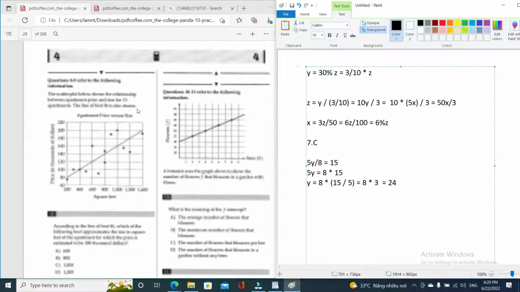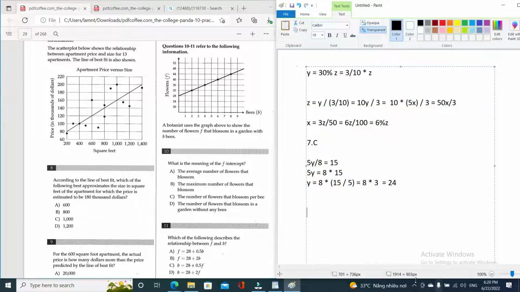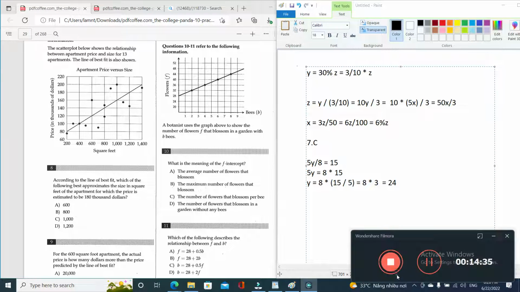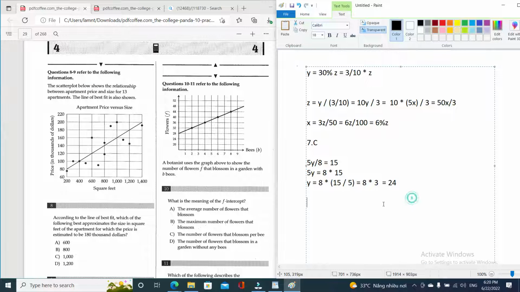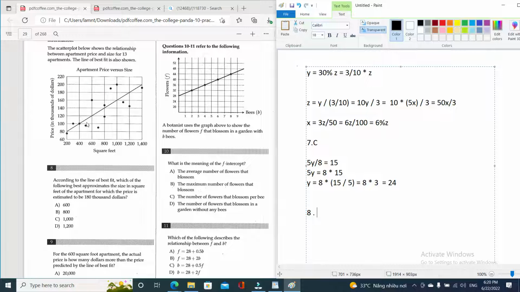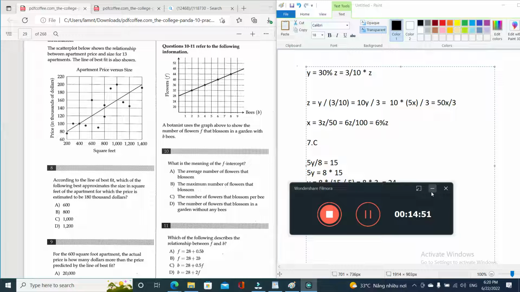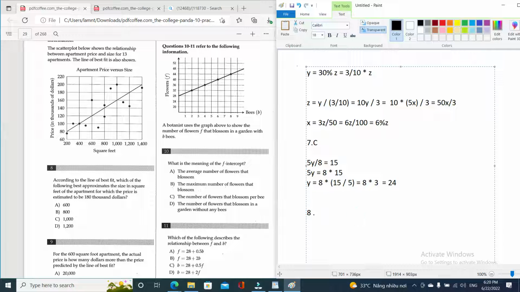Let's try number 8. 8 and 9 are graph questions. Approximate price versus size. This kind of predictive model in machine learning we call linear regression.